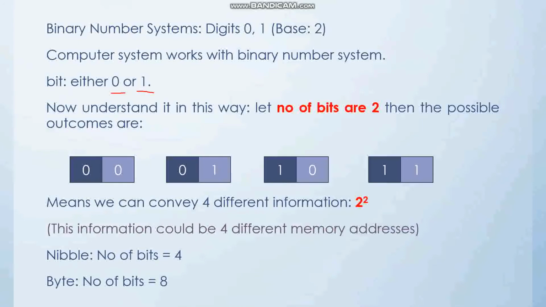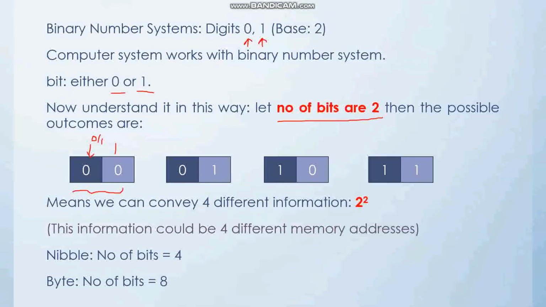So now understand it in this way: let the number of bits be 2. Then the possible outcomes are digit 0 or digit 1. If I say the number of bits is 2, the first bit can take either value 1 or 0.